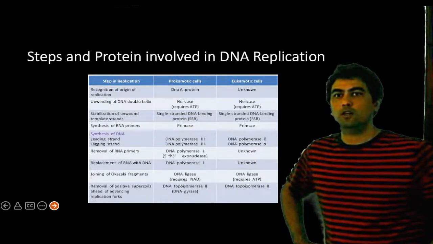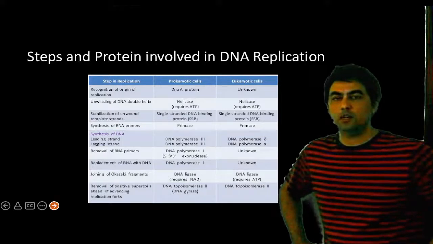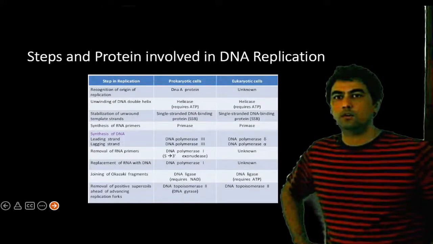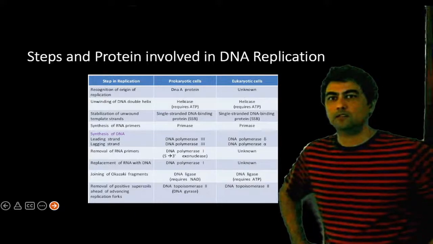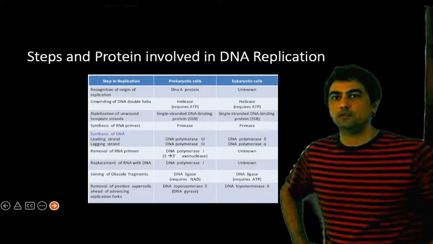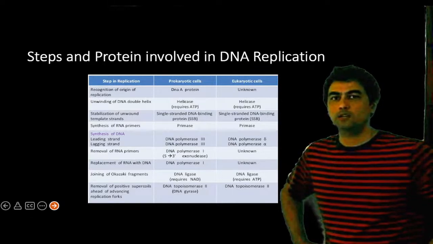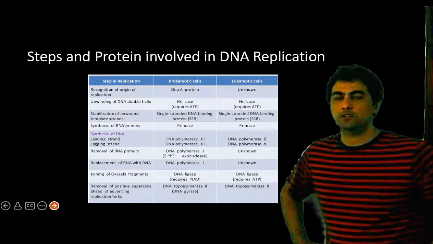Joining the Okazaki fragments occurs by DNA ligase in both eukaryotic and prokaryotic cells. Removal of positive supercoils ahead of advancing replication forks occurs by topoisomerase 2, known as DNA gyrase in prokaryotes, and DNA topoisomerase 2 in eukaryotes.